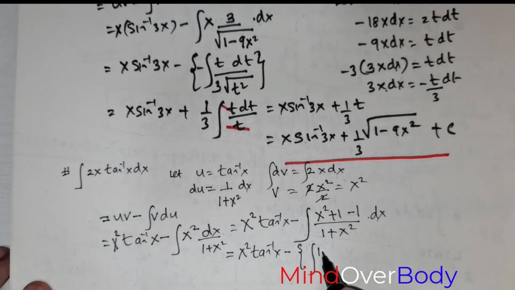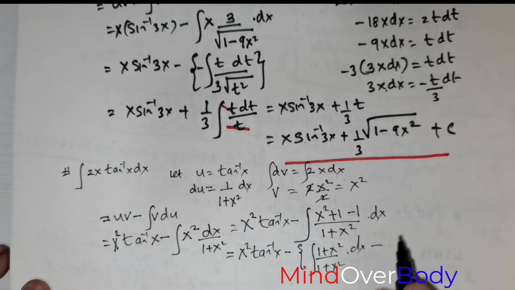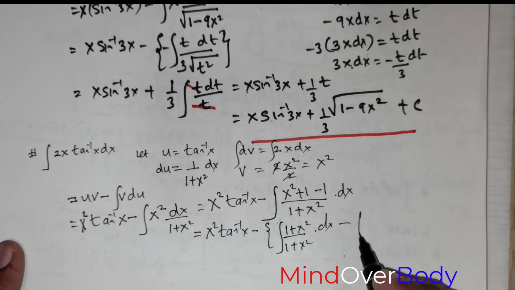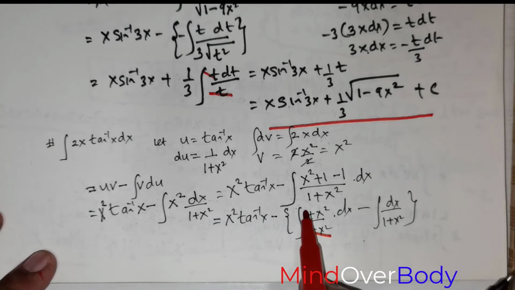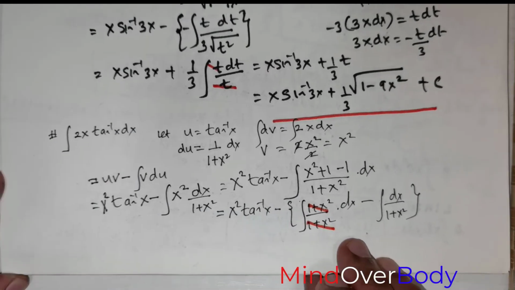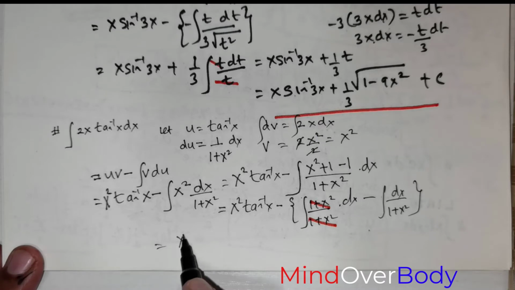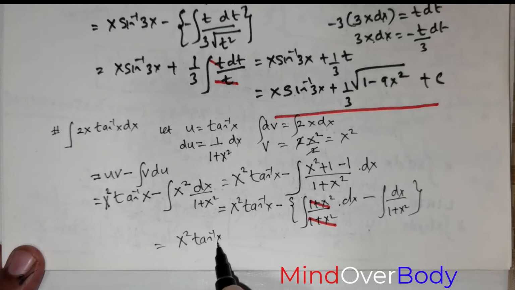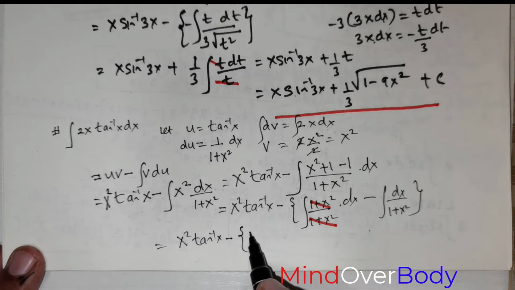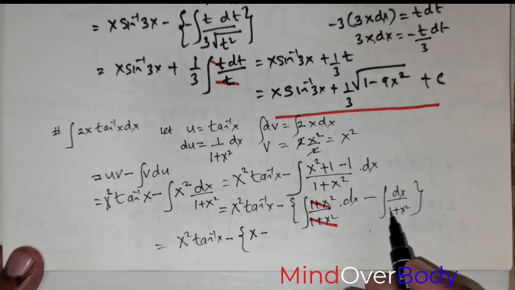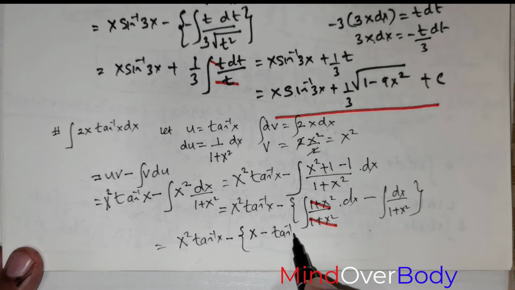So it's going to be integral of 1 plus x squared times dx over 1 plus x squared followed by a negative sign, integral dx over 1 plus x squared. Now clearly 1 plus x squared, 1 plus x squared can be cancelled. So this is equal to x squared times tan inverse of x minus integral of this quantity dx would give me x, integral of this quantity would give me tan inverse of x.